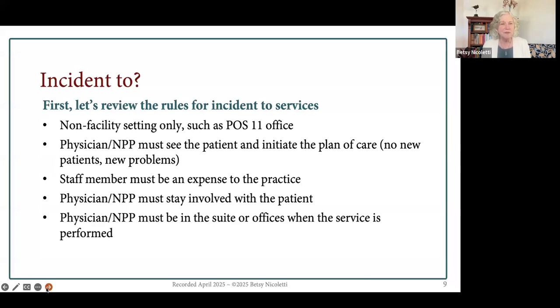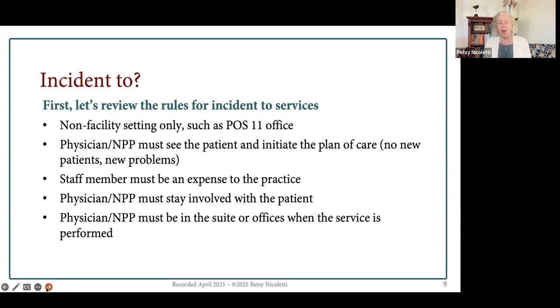We can perform incident-to services in a non-facility setting only, like place of service 11, office. Not inpatient, not outpatient, not ED. In order to bill a service incident-to, the physician or non-physician practitioner must see the patient and initiate the plan of care.